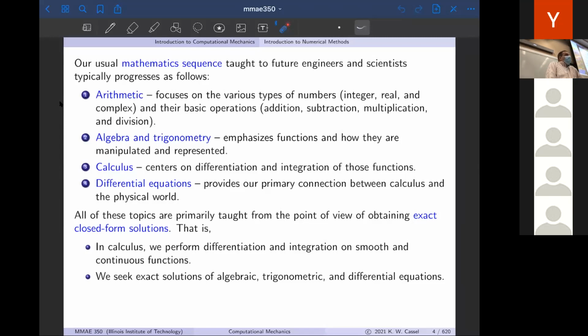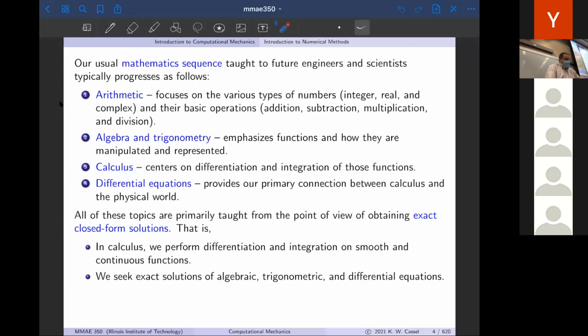The focus in all of these topics, all through the years of you learning math, has been on obtaining exact, or what we call closed form, solutions. You have an algebraic expression and you want to solve for x. We call those roots. You have a differential equation and you want to solve for y as a function of x.